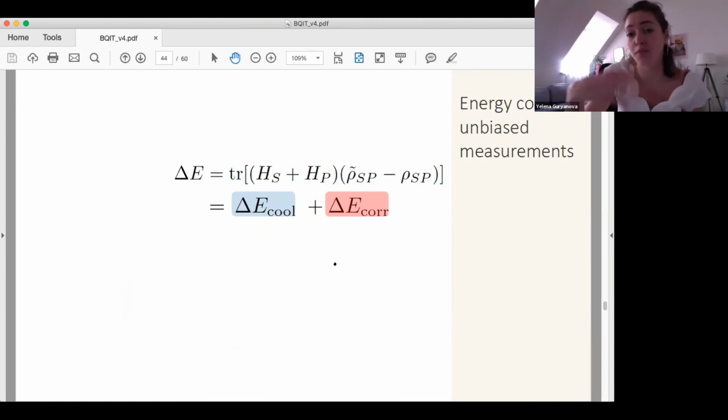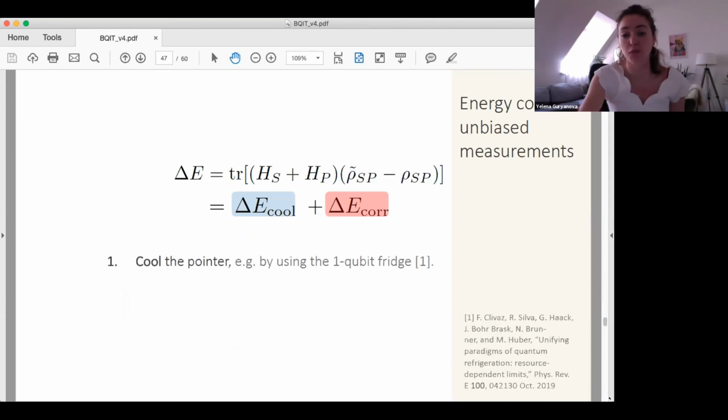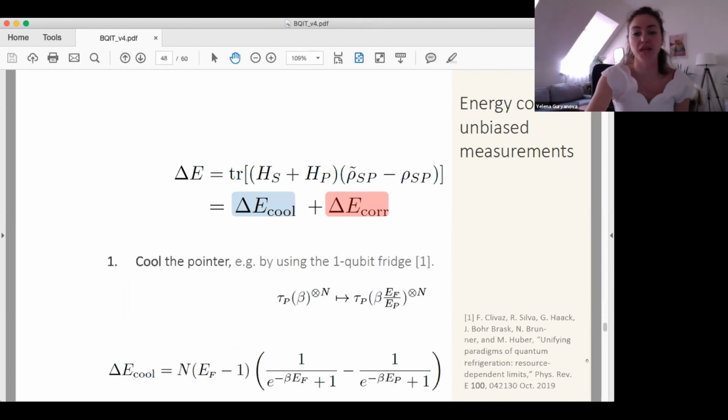Okay, and I can compute the energy of these things the normal way, and I can account for the energy as the sum of the two parts of the unitary that I apply. First I cool, and in our paper we use this one-qubit fridge, which is an exhaustive work of all possible fridges you can have, I think, by these people here. They have an analytic expression for the amount of energy it costs to cool a pointer.